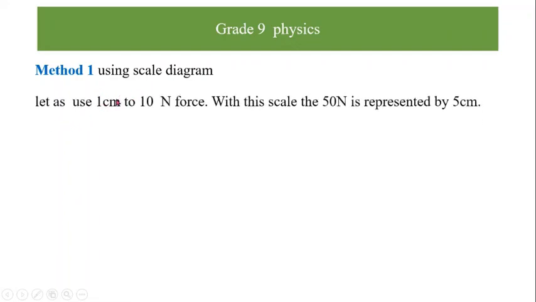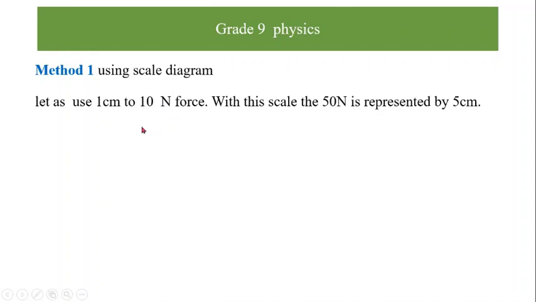In scale diagram we have to use a scale. Since we are not given a specific scale, we can assume our own scale. So I assume 1 centimeter to 10 Newton force. So my scale from now onwards is 1 centimeter represent 10 Newton force.